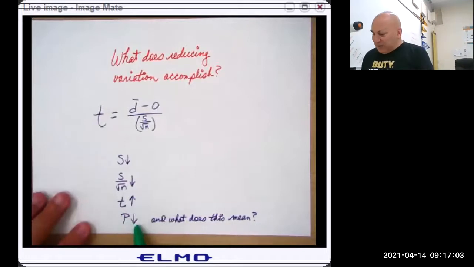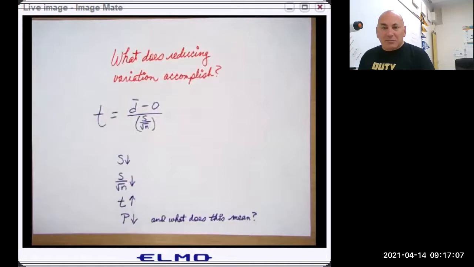And if your p-value goes down, what does that mean? If p is low, reject the null. So if your p-value goes down, as soon as it crosses that alpha threshold, you're more likely to reject the null hypothesis and conclude that the alternate is true.